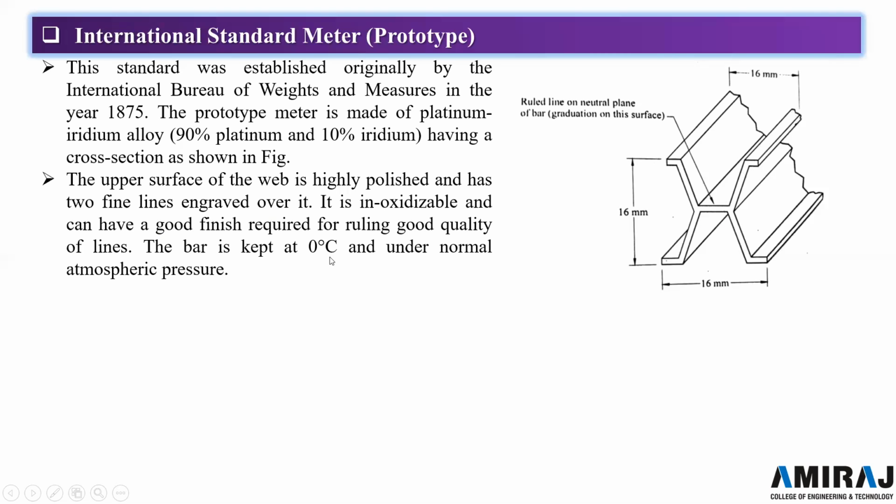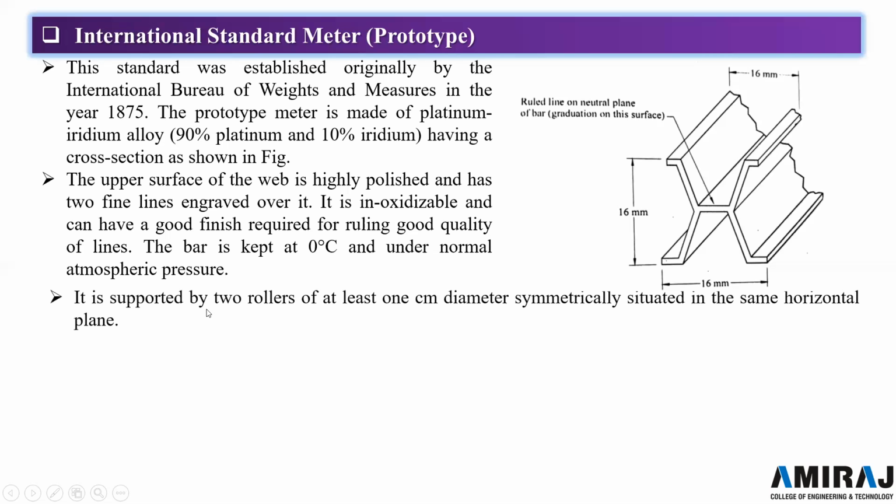The bar is kept at 0 degree centigrade and under normal atmospheric pressure. It is supported by two rollers of at least 1 centimeter diameter, symmetrically situated in the same horizontal plane.